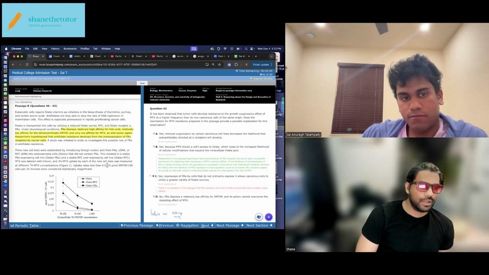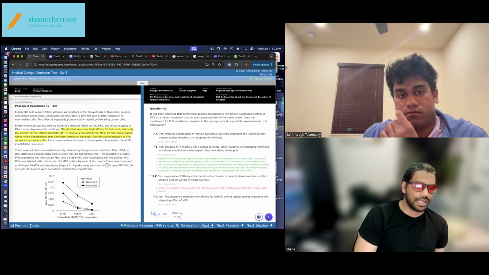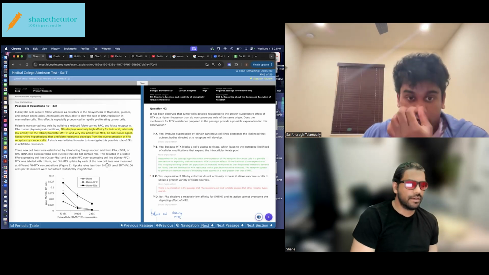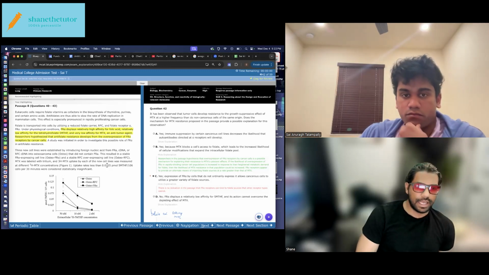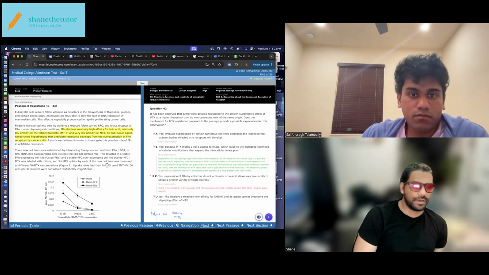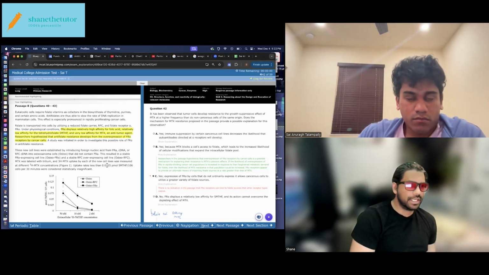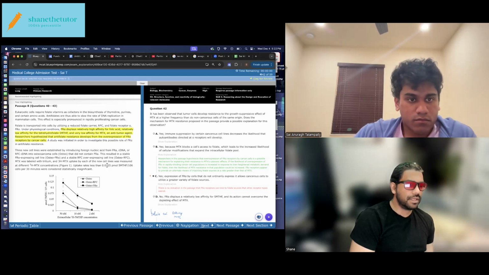But let's see. Folate is transported into cells by utilizing a reduced folate carrier, RFC, and folate receptor alpha, FR alpha. So the carrier carries the folate.